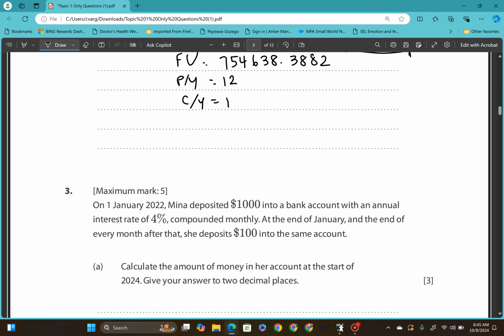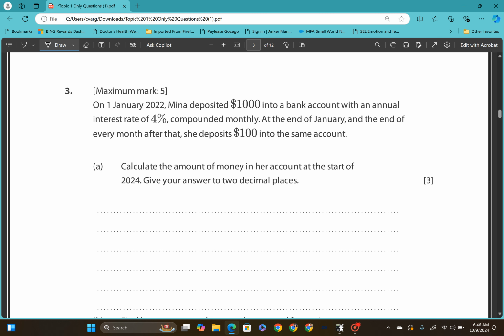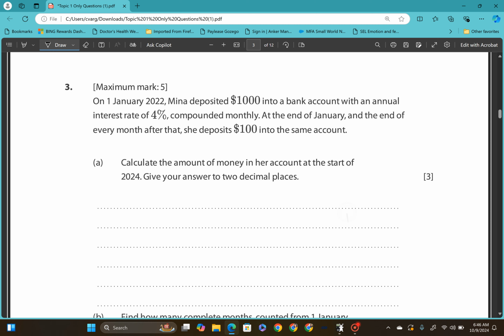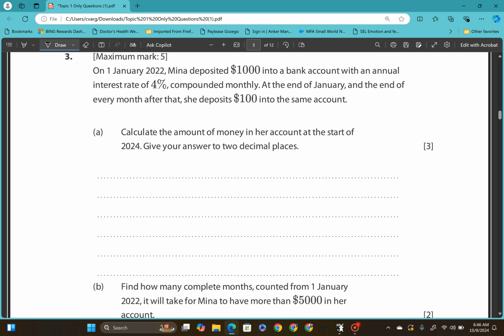Okay. All right. So our next question is also another TVM solver. This one actually is a little bit easier. So we have the same things: our I, our PV, our payment, our future value, our P over Y, and our C over Y. Okay. All right.